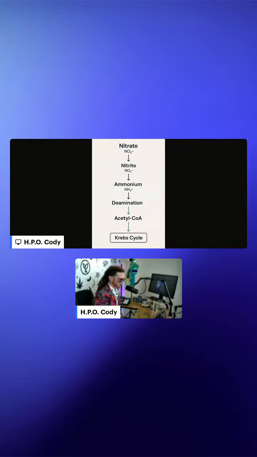So effectively convert that to aminos. So that is an energy intensive system. So the plant wants to effectively get aminos from it, but to get that, it's got to expend energy to convert that over.